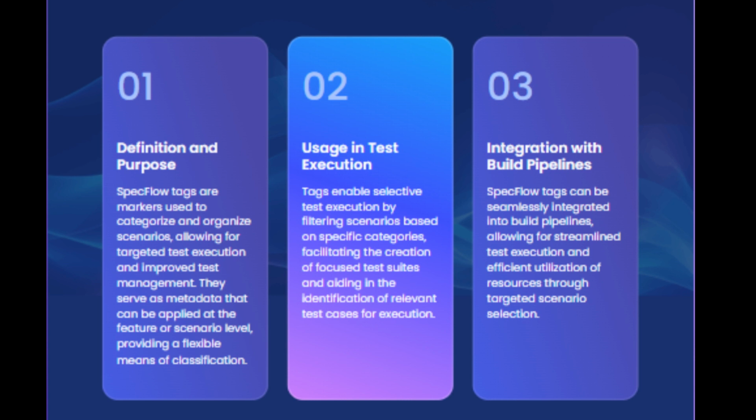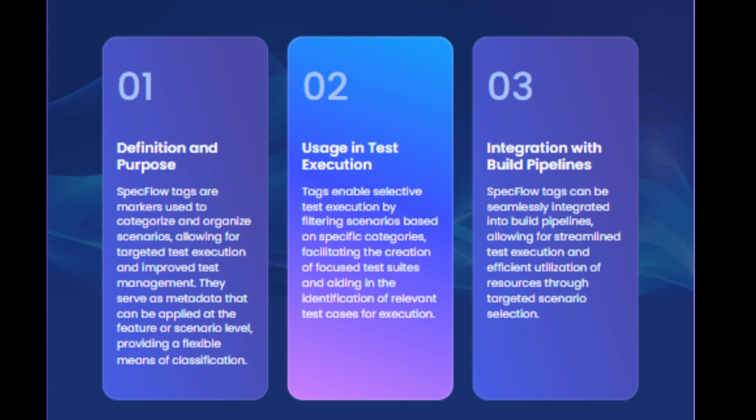It means a classification. For example, consider you have 100 test cases, right? And you want to run certain test cases every time the application is deployed. Let's say you want to give that set of test cases as smoke test cases.